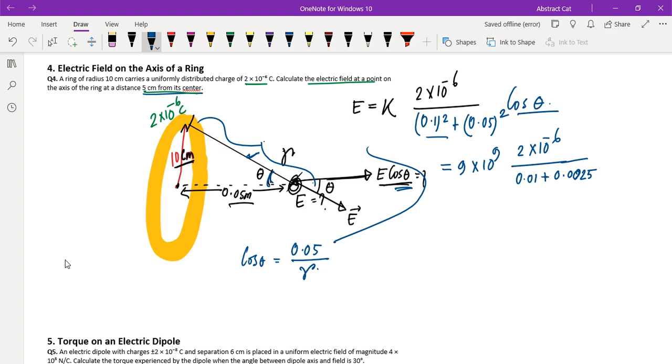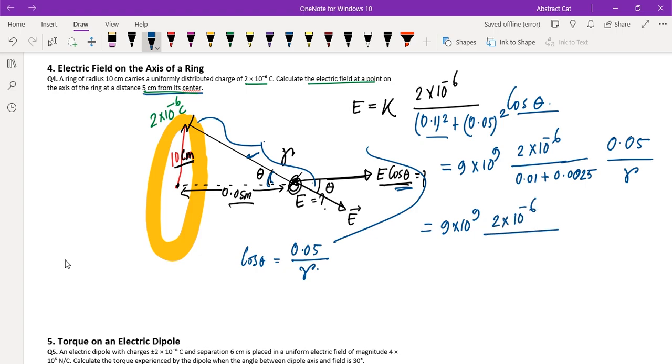So you also get the distance r, 0.05, and the r here you get r. Similarly we solve these: 9 into 10 to the power 9, 2 times 10 to the power minus 6.